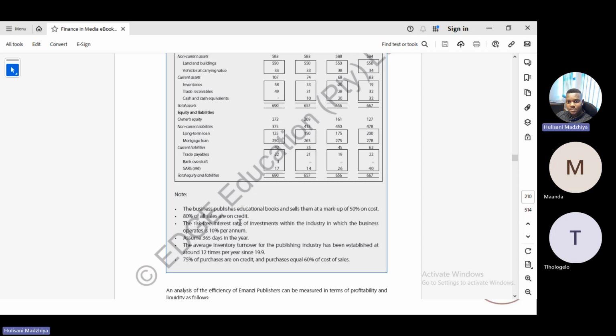The risk-free interest rate on investment within the industry in which the business operates is 10%. So if we are investing at a risk-free rate, those are types of investment where you are guaranteed your money back as well as the interest that you are supposed to receive.